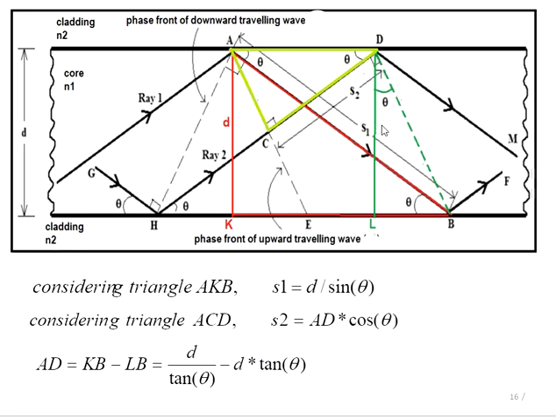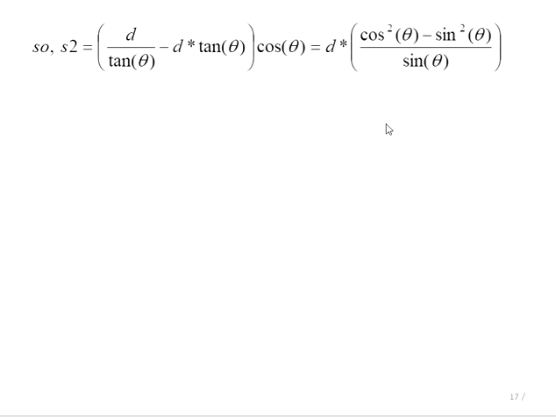So I can write LB is equal to d tan theta. So I will get the value of AD as d by tan theta minus d tan theta. If I substitute this in the equation of s2 and simplify, I will get s2 equal to d (cos square theta minus sin square theta) divided by sin theta.